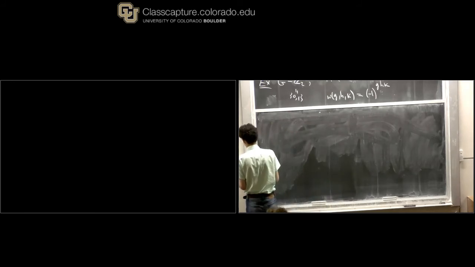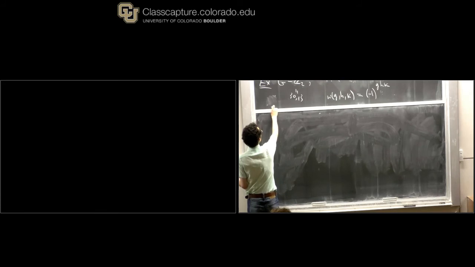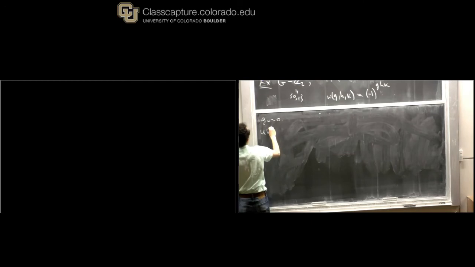To be specific, let's choose G star equal to 0, and we are trying to compute the symmetry action for the group element 1.